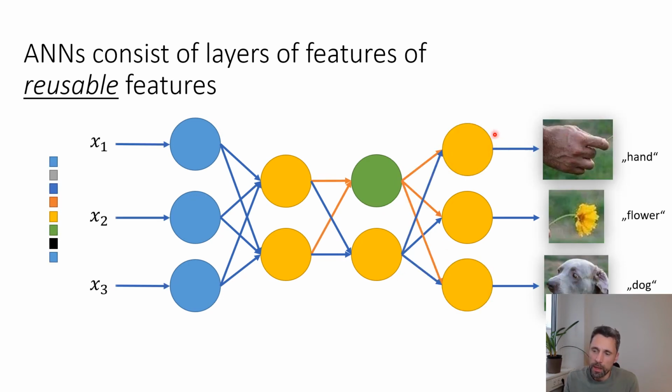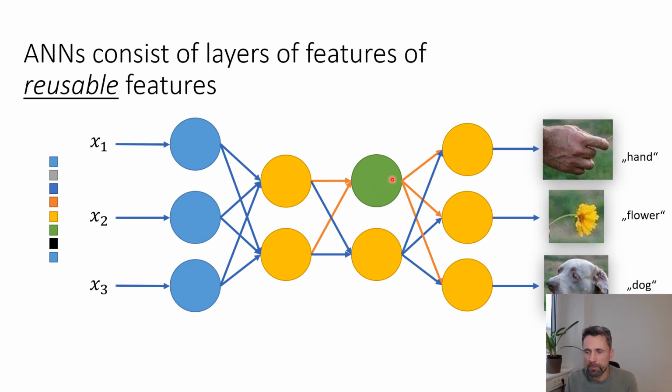And in the final layer, we usually encode, in classification tasks, the probability of objects in the input. So for example, one of these units encodes the probability of the input containing a hand, and the other unit contains the probability of the input containing a flower, and so on. Now, these features here can be reused, right?